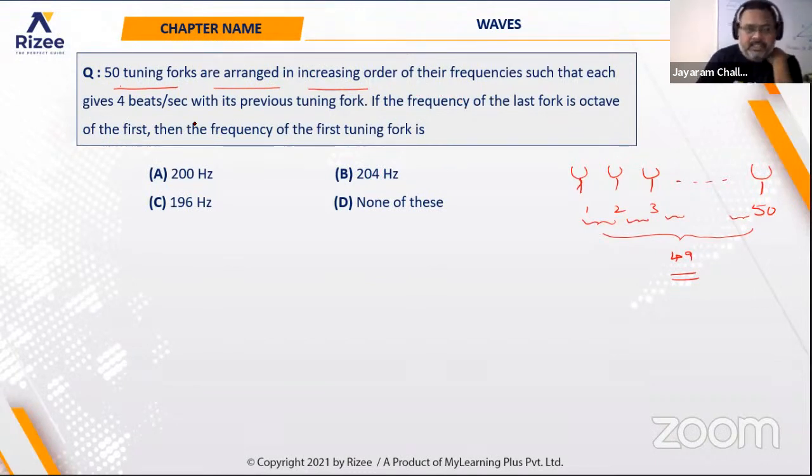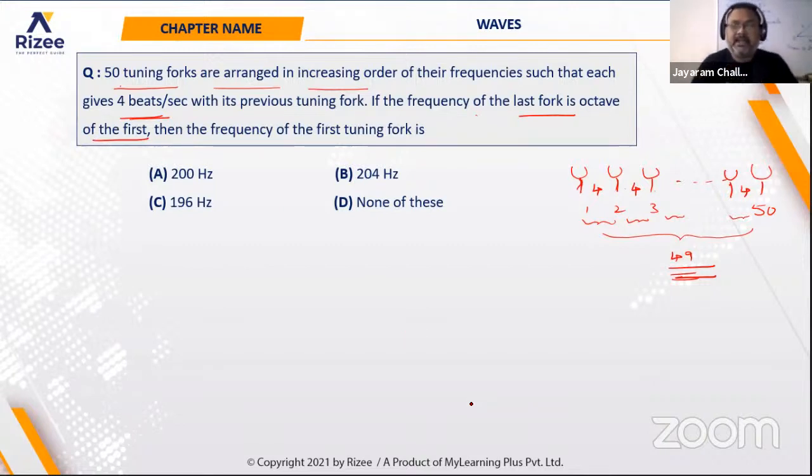So, 4 beats are being heard per second. That means if I vibrate the second and first, how many beats am I getting? 4 beats. Third and second, 4 beats. 50 and 49, how many beats? 4 beats. That means how many fours are there between 1 and 50? 49 fours are there. If the frequency of the last tuning fork is an octave of the first one.